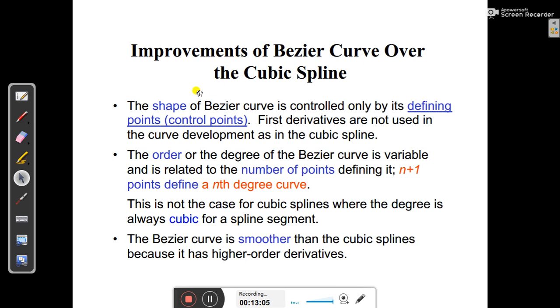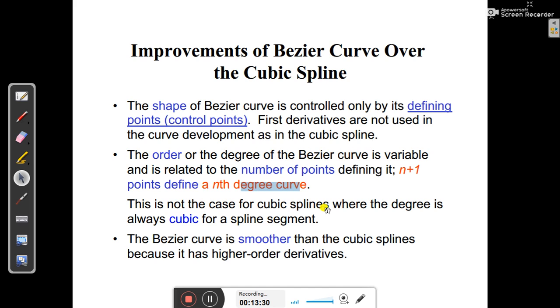Improvement of Bezier curve over the cubic spline. The shape of a Bezier curve is controlled only by its defining points. So we can only control the Bezier curve using the control points. First derivatives are not used in the curve development as in the cubic spline. The order or degree of the Bezier curve is variable and is related to the number of points defining it, that is the control points.